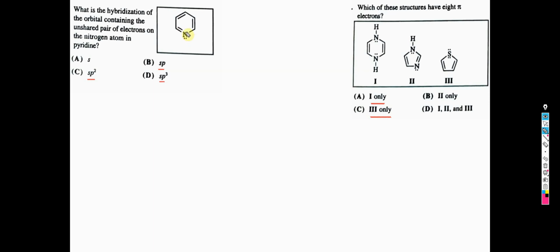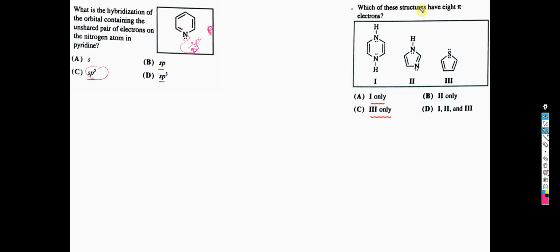When nitrogen is sp2 hybridized, the electrons that are part of the sigma bonds and the lone pair are all going to be sp2 hybridized. The electrons in the pi bond, though, are going to be in a pure p orbital. So the lone pair is in an sp2 hybridized orbital. That is the answer for that question.